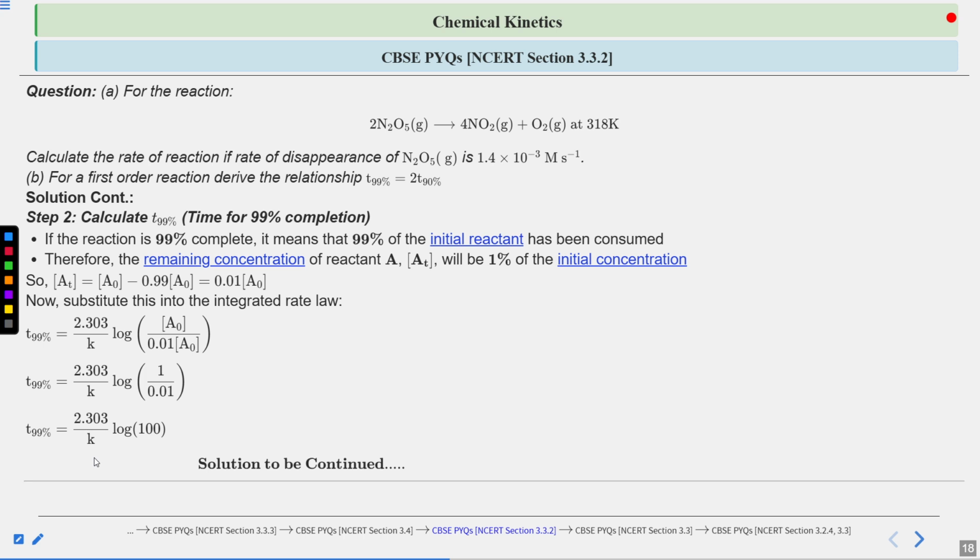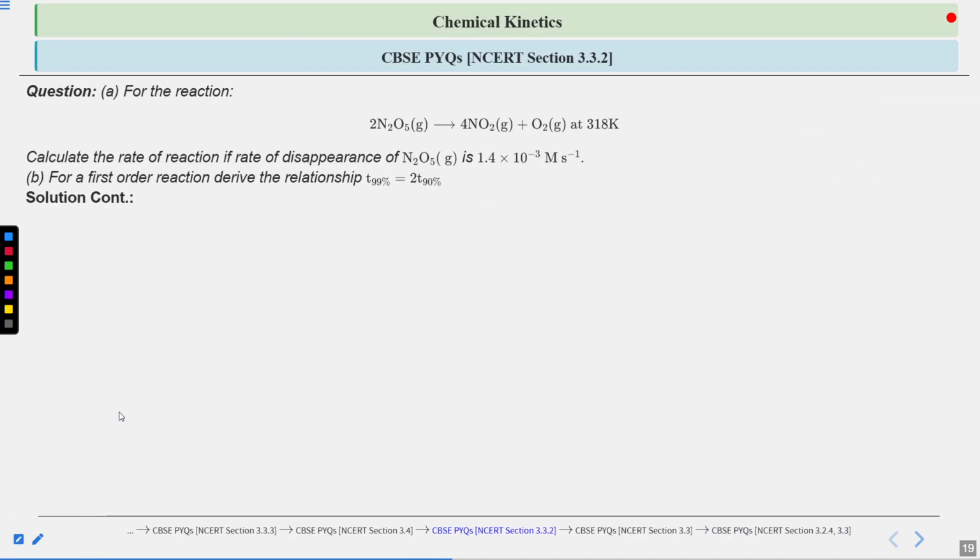AT is the concentration of the reactant A at time T, that means at 99% completion time. Now we know that log 100 you can write as log 10 to the power 2. 10 to the power 2 means 100, right? And now here we use the log formula. If something is in the power inside the log, it goes into the product.